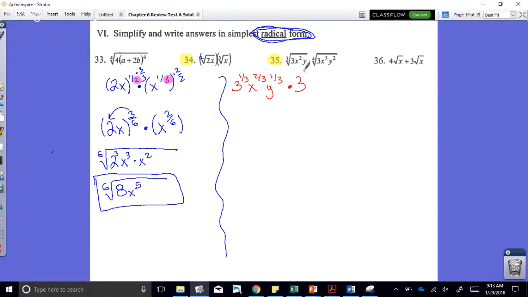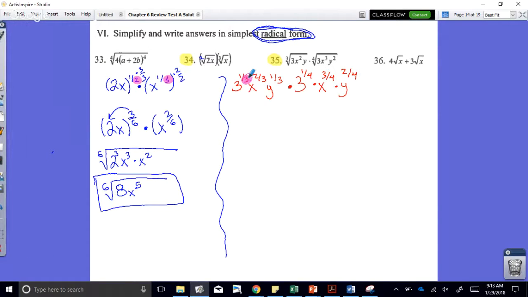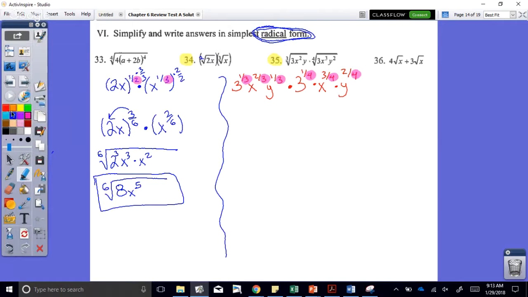I have 3 to the 1/4, x to the 3/4, times y to the 2/4. And this time the denominator, which represents the index, is a 3 and a 4.